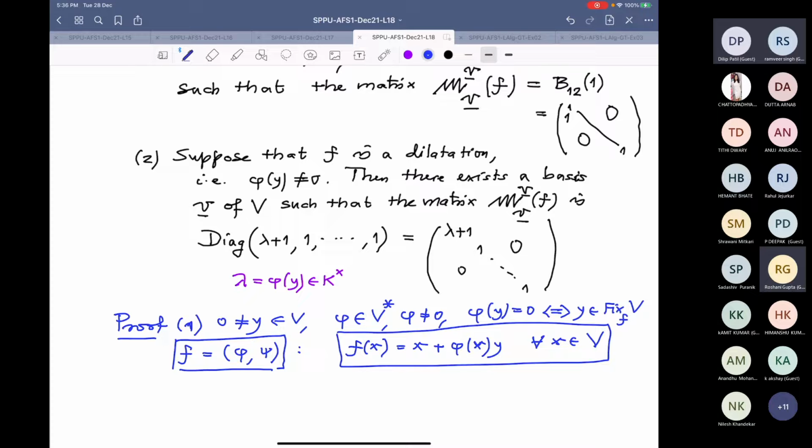I will extend that to a basis of the fixed point set. So that means what am I doing? y, I call it V2, V3, up to Vn. This is a basis of the fixed point set.